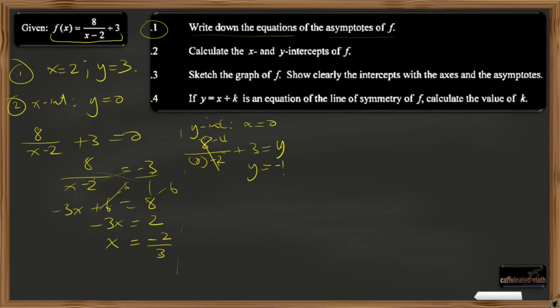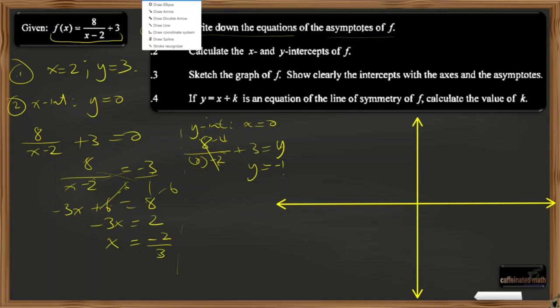Then, predictably, we're being asked to sketch the graph of f. We need to clearly show any intercepts with the axes, as well as indicating asymptotes. So, let's do this. Okay, so there we have a system of axes.